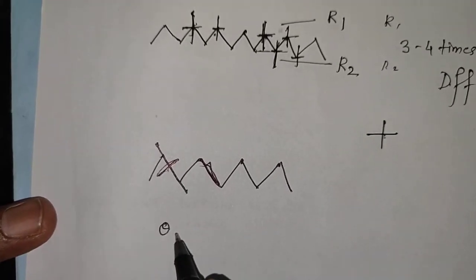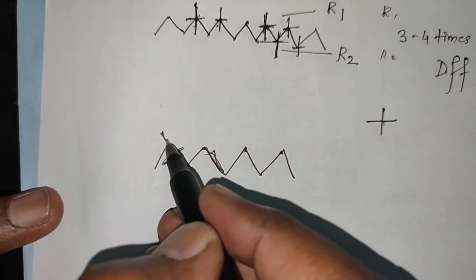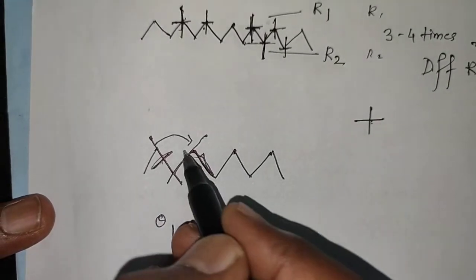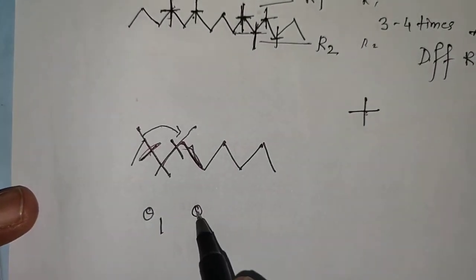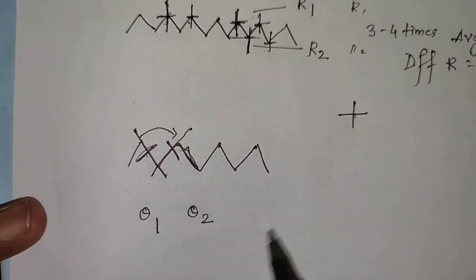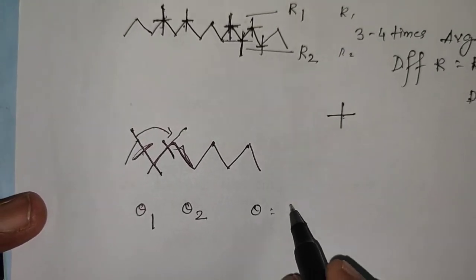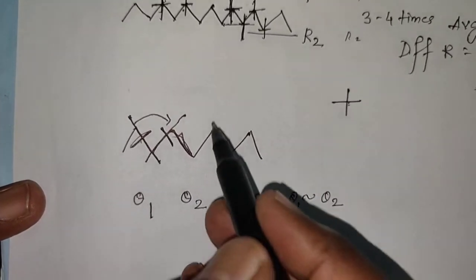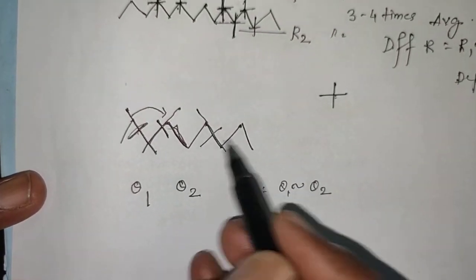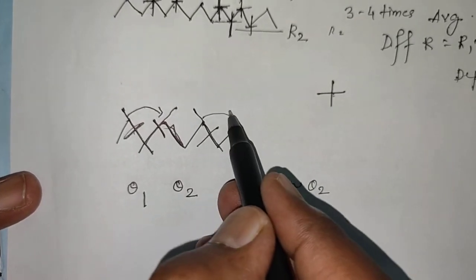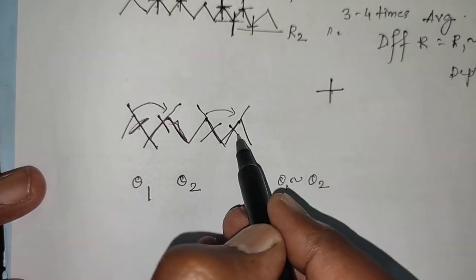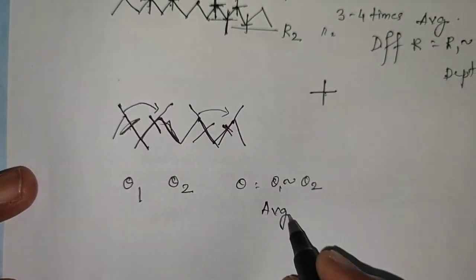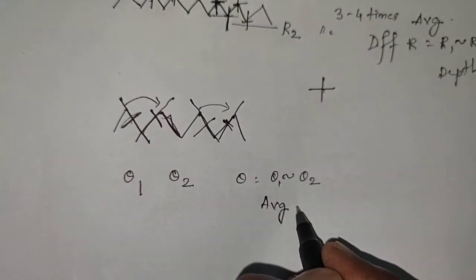Then find out theta 1 and then rotate it from here to here like this. Then find out theta 2. So again theta will be theta 1 minus theta 2. So this has to be done for at least 2 to 3 threads. Then you will get the average value.